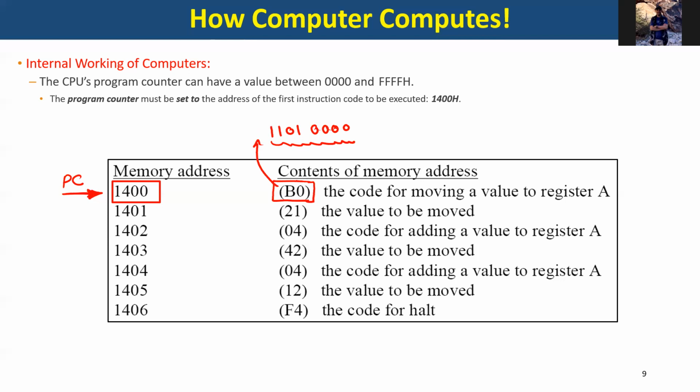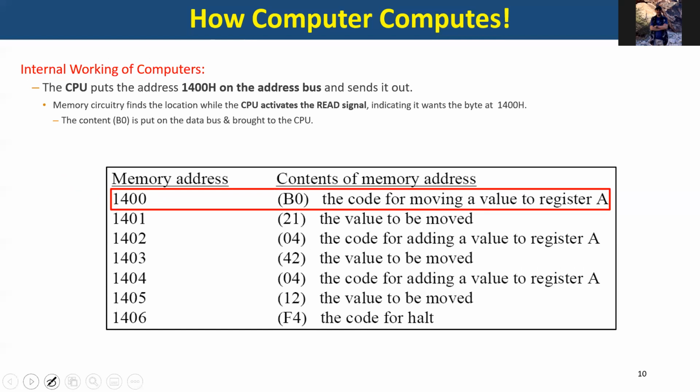Okay, so after fetching that one, the instruction decoder will interpret this code for the computer: hey computer, this means you should move something to A. Since this is only the instruction code, we should go to the next location, and this next location should have our data, the number that we should move to A. And that's what's going to happen next.